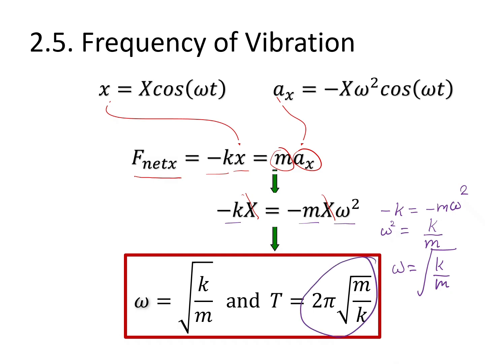A larger mass makes the period longer, and a larger spring constant makes the period shorter. This is a powerful result because the period of an ideal mass spring oscillator does not depend on amplitude. As long as the spring behaves ideally, pulling it farther changes how far it moves, but not the time for one cycle. Now we will apply the period formula to a real example, measuring an astronaut's mass in space.